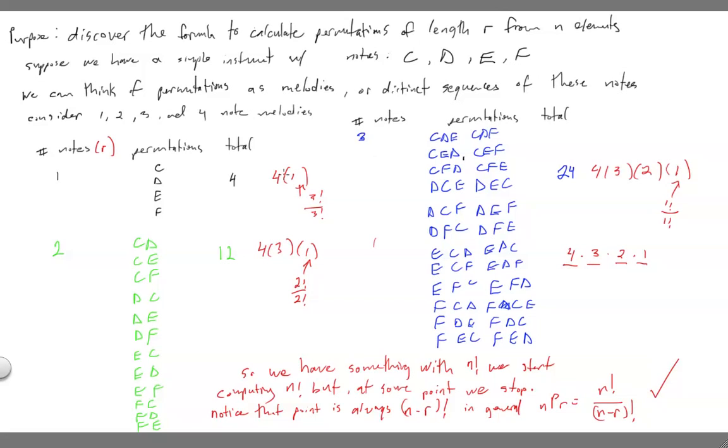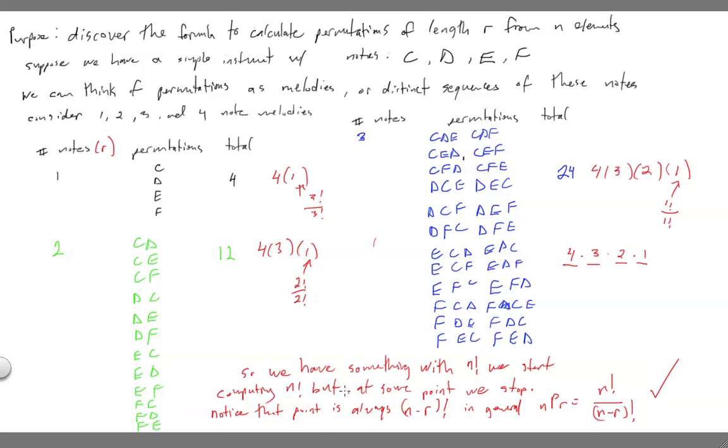Here we've got 4 times, well, we can call it 1. Here, our 12 could be 4 times 3, and then times something that's equal to 1. Here we've got 4 times 3 times 2 times something that's equal to 1. So we have something to do with 4 factorial. We start computing it, but at some point we stop.